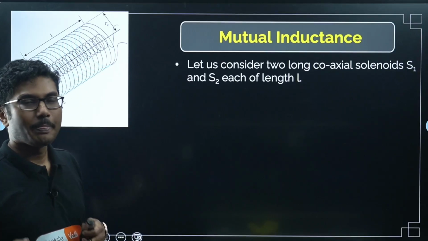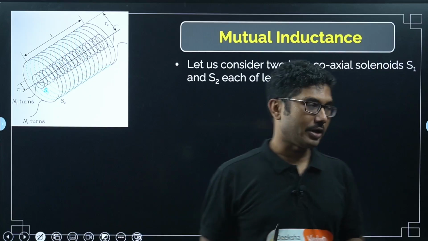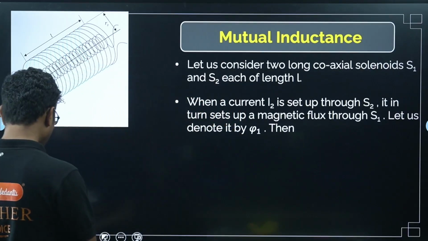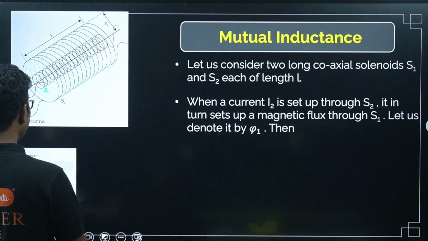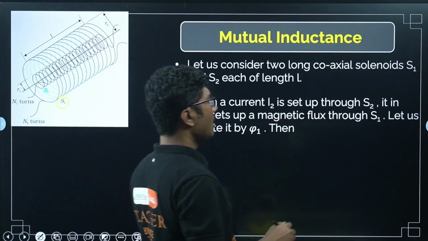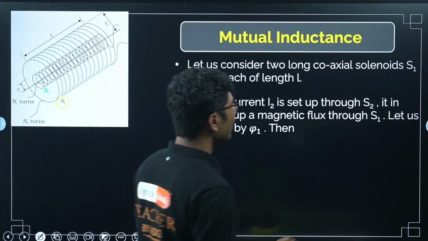So both coils are interlinked, and at a time you are passing a variable current through only one coil, and you are trying to measure how much current is induced in the second coil. When a current I2 is set up through S2, that is the outer coil, it will then set up a magnetic flux through S1.